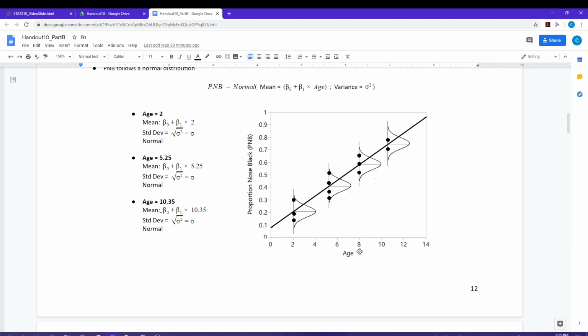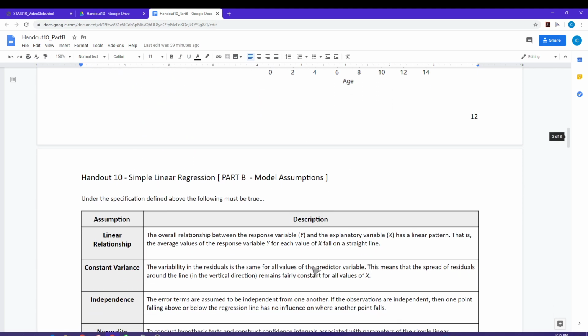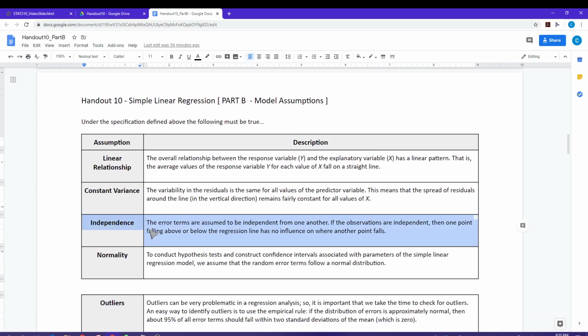One month is dependent on what happened in another month. So if you're trying to model time series data, something like unemployment over time, you're more than likely going to have problems with this independence assumption. There are special regression models that are used for data that is collected over time. Those are called time series models.